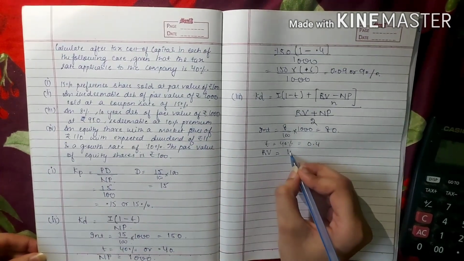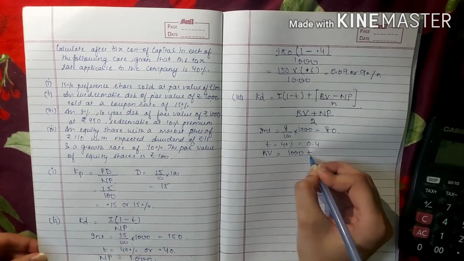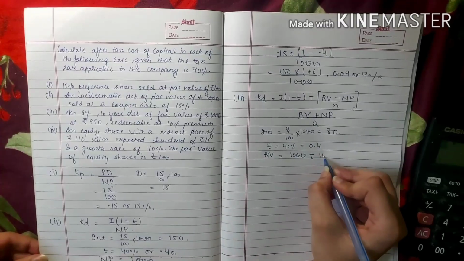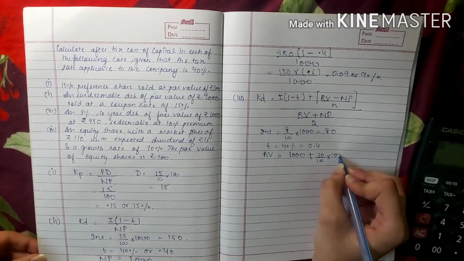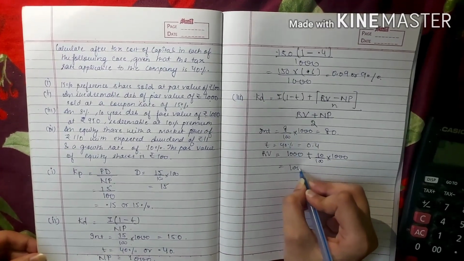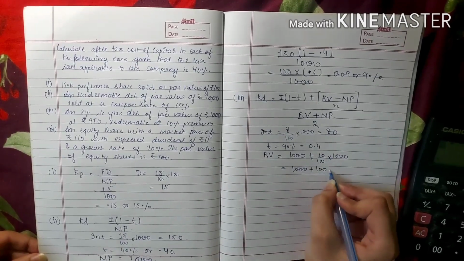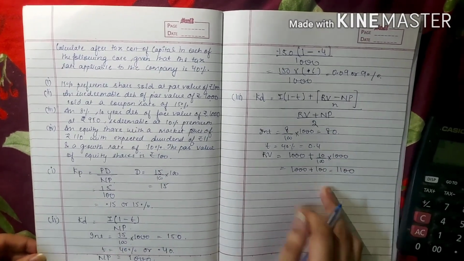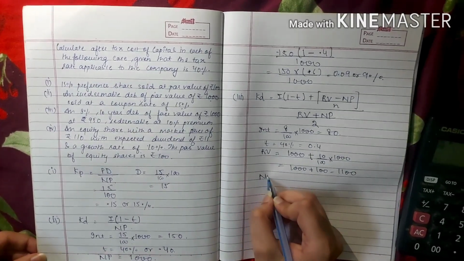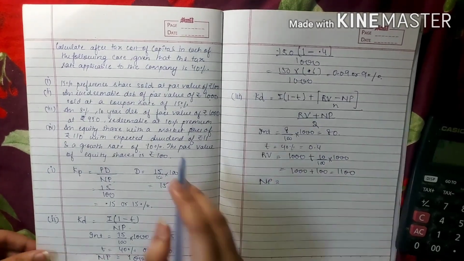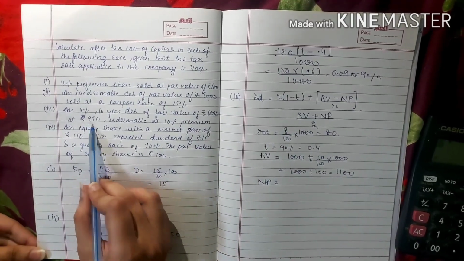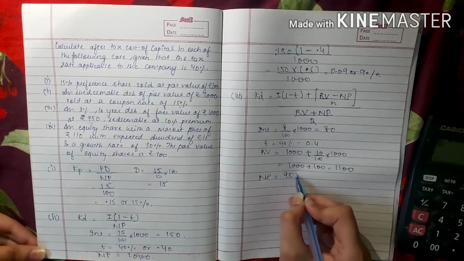It means we have to pay the principal plus the premium as well. So 10% of 1000, 1000 plus 100 equals 1100 is the value of RV. Net proceed: it is sold at 950, so net proceed will be 950.